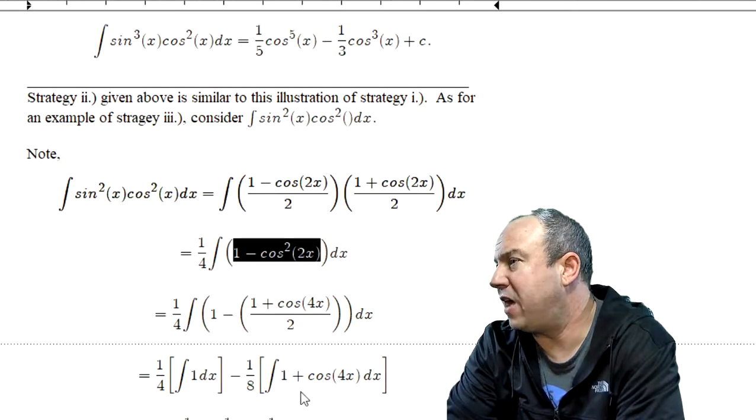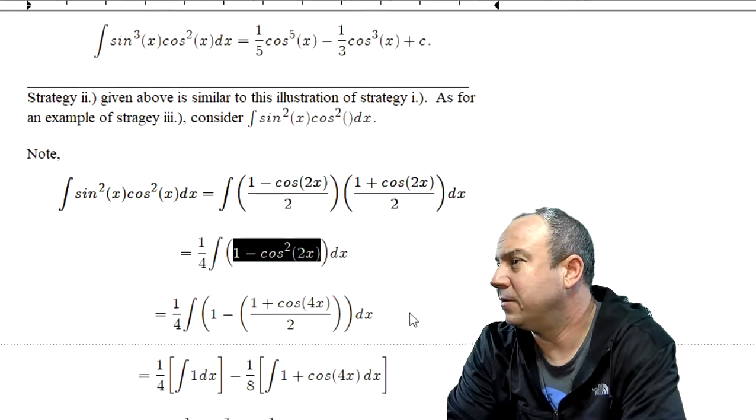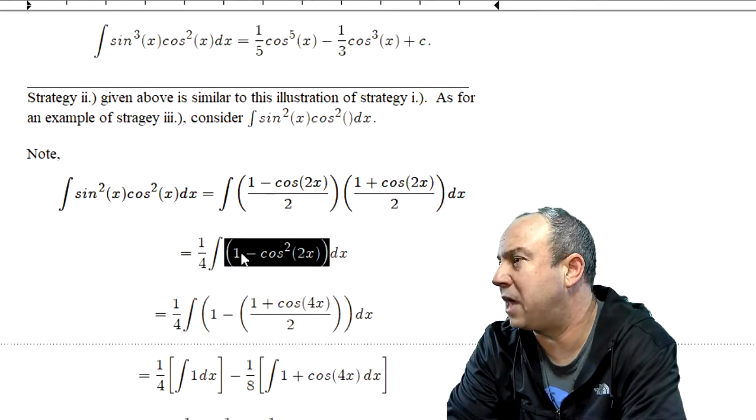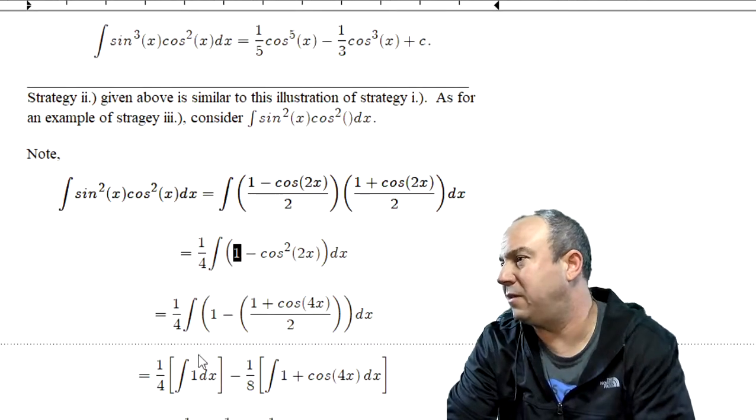This will simplify to produce this polynomial of the cosine of 2x. That's what we got right there. Apply your integral rules for sine and cosine to the terms of this polynomial. Now, here the 1, when it applies, is just going to lead to the value of 1/4 x, seen down below here.